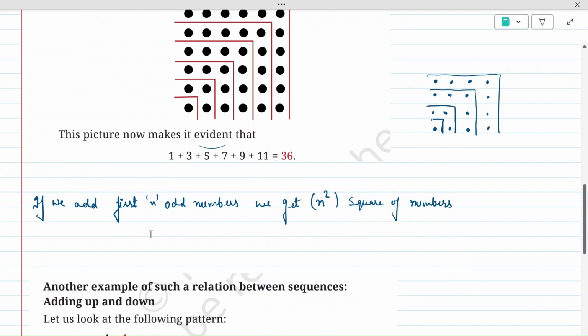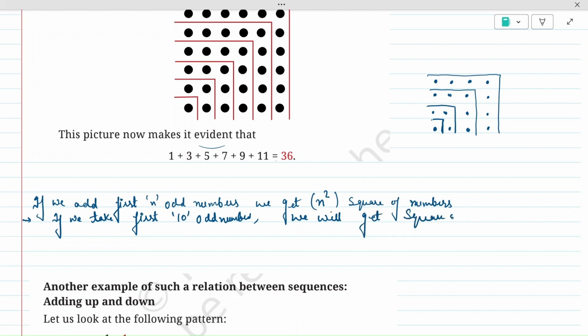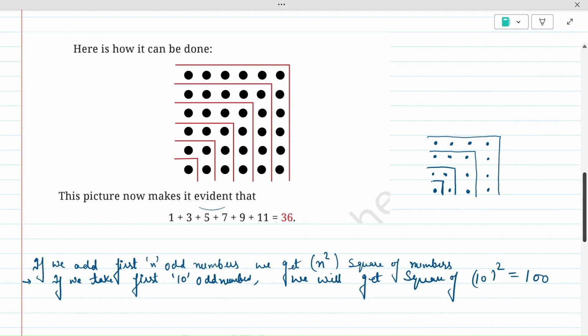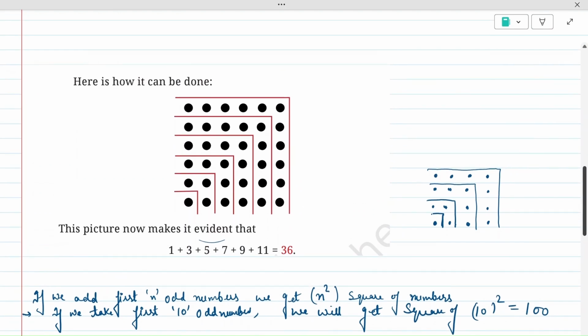So that means if we take the first 10 odd numbers, we will get a square of 10, which is 100. And if we increase this further, we can make a pattern of 10 square also, which will include 100 dots.